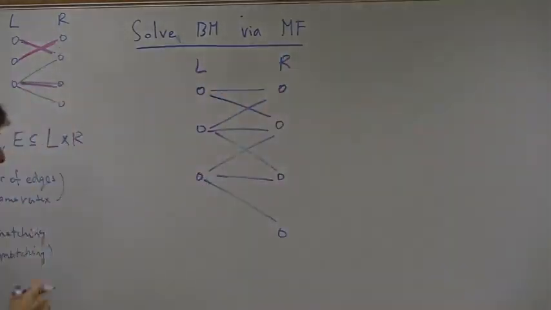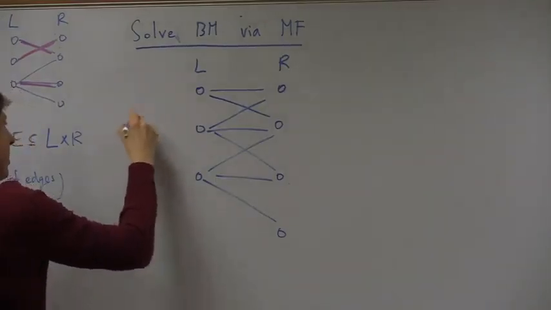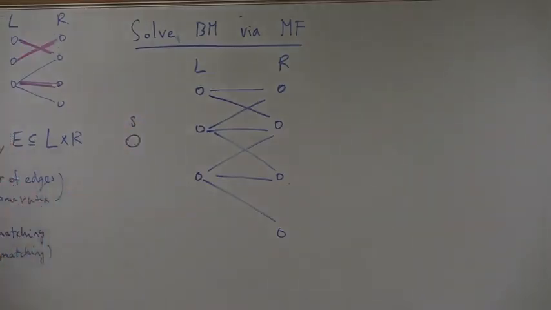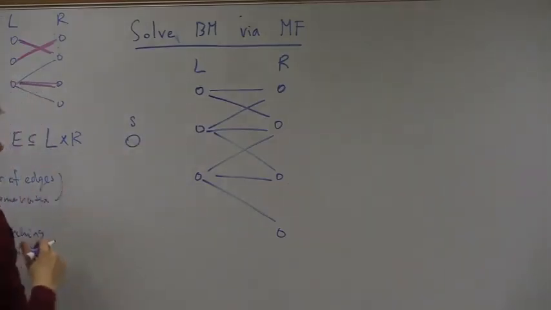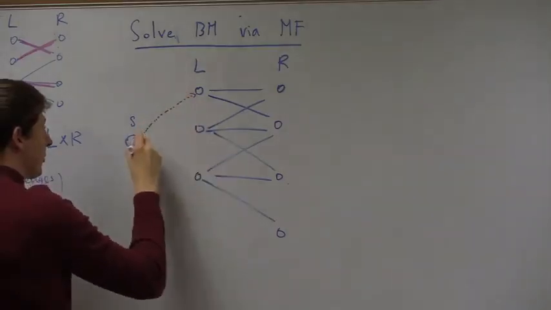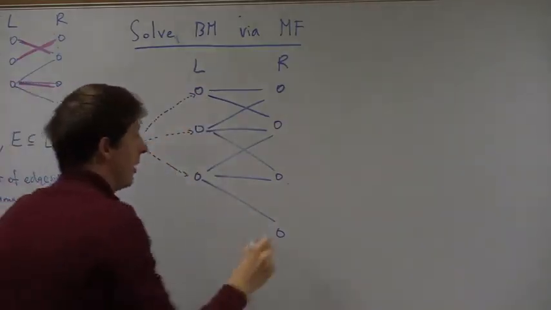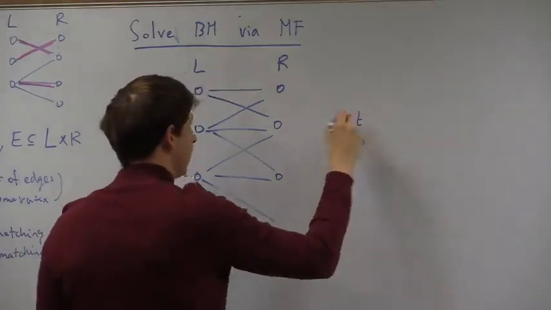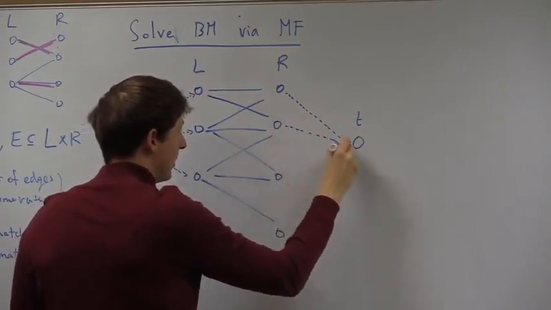We're going to take this instance and turn it into a network. So we're going to introduce an additional source vertex S off to the side. This is neither left nor right. It's just, I guess, left, further out. And we're going to connect it with directed edges to all of the left vertices. We're going to introduce a sink vertex T, and we're going to connect it with directed edges from all vertices in R.